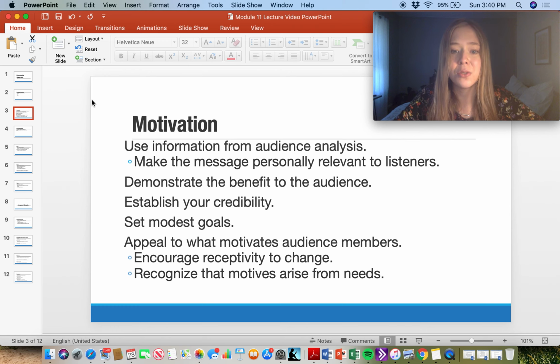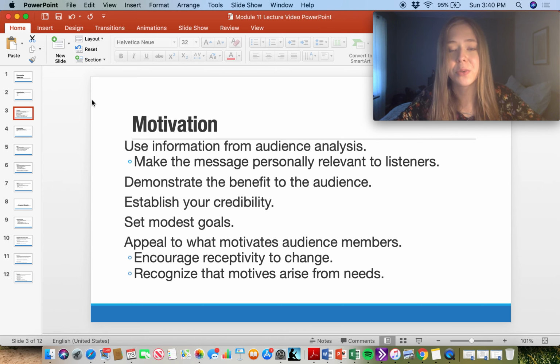We really need to use that "we" language, and we really need to clearly demonstrate the benefit to the audience for what we are claiming, whether we are persuading them to believe or change their attitude about something.